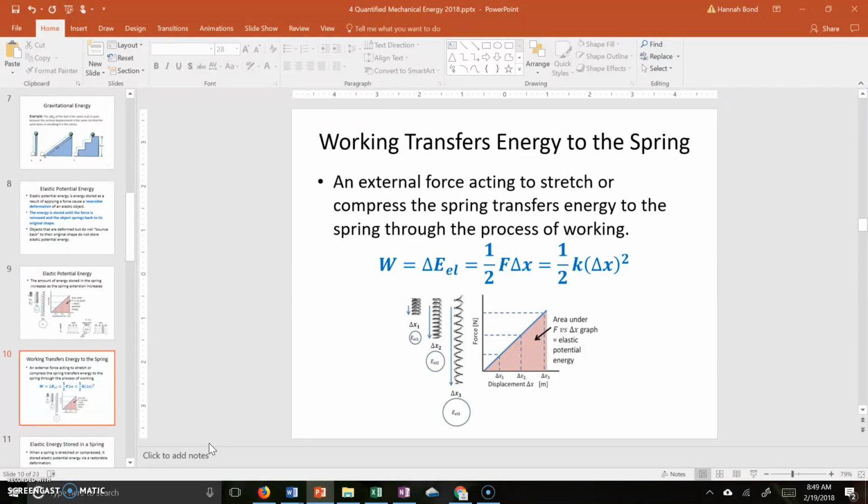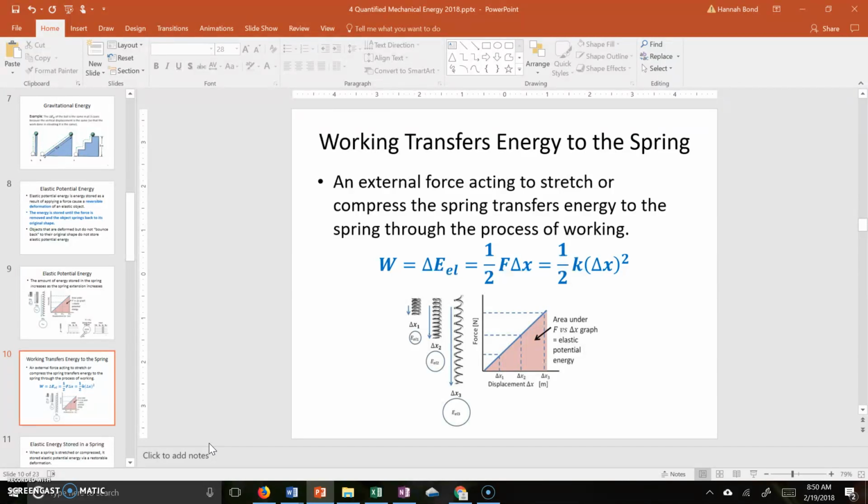That work that was done as we applied a force to the spring and compressed it is equal to the elastic energy that was stored. And we derived an equation that said that the elastic energy equals half of the spring constant K times the displacement of the spring squared.